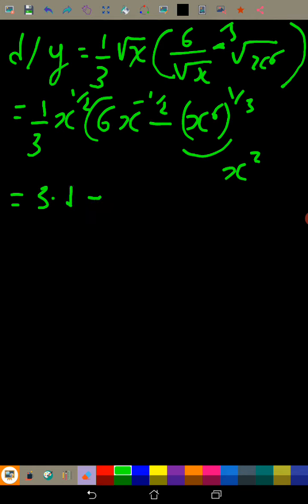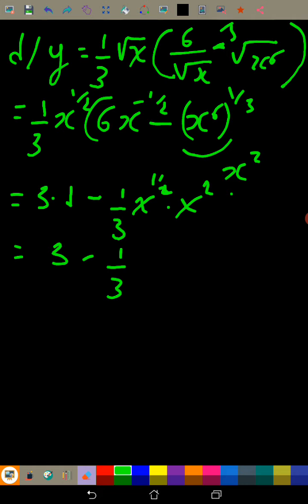And minus 1/3 x to the power of half times x to the power of 2. And this gives us 3 minus 1/3, whatever we have here. So it's going to be half plus 2, times 2, 4 plus 1, it's 5/2. So x to the power 5/2.